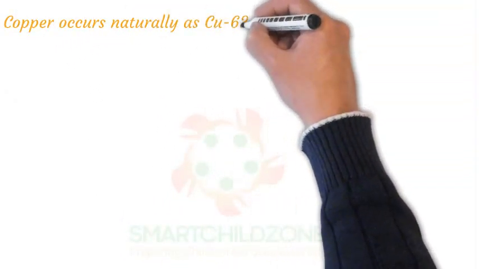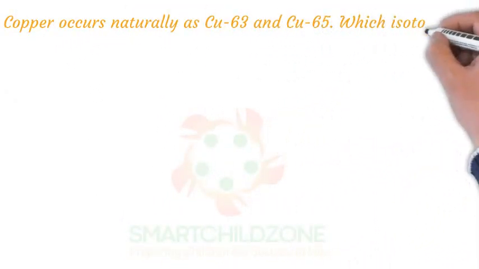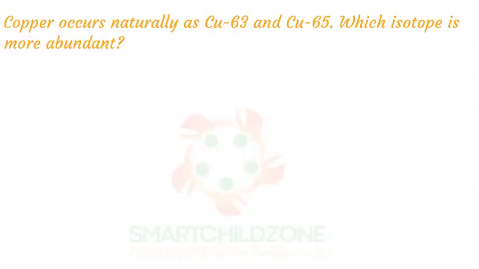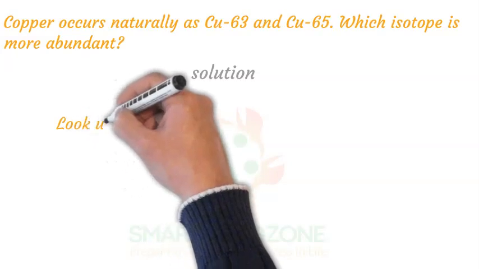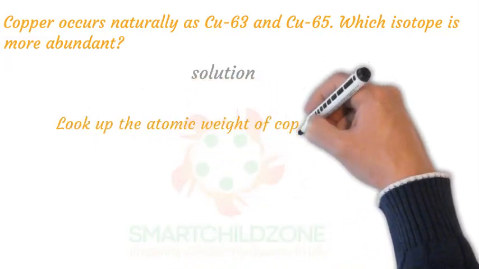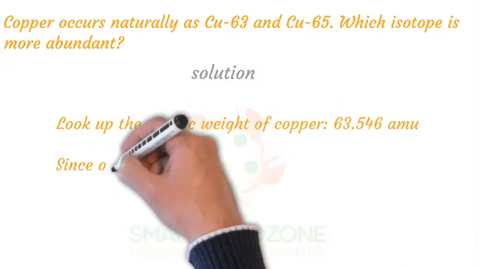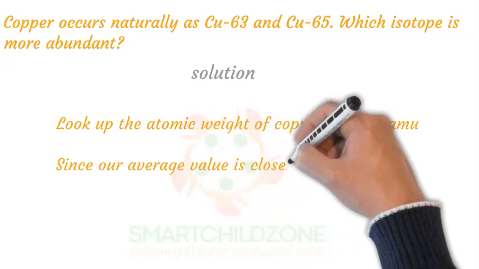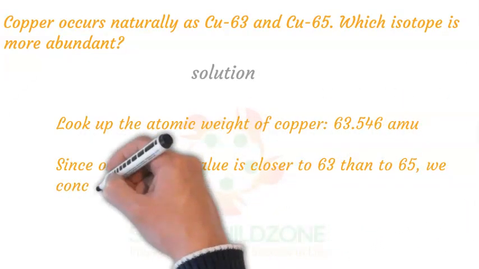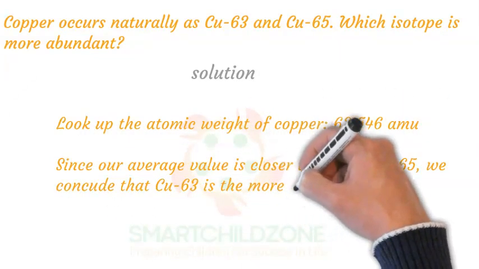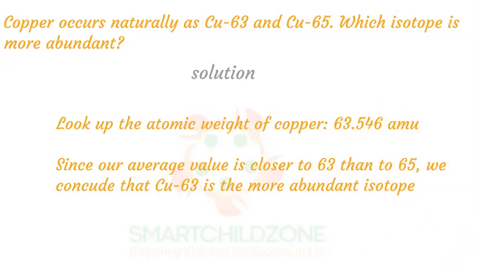Copper occurs naturally as Cu-63 and Cu-65. Which isotope is more abundant? Looking up the atomic weight of copper, which is 63.546 AMU, since our average value is closer to 63 than to 65, we conclude that Cu-63 is the more abundant isotope.